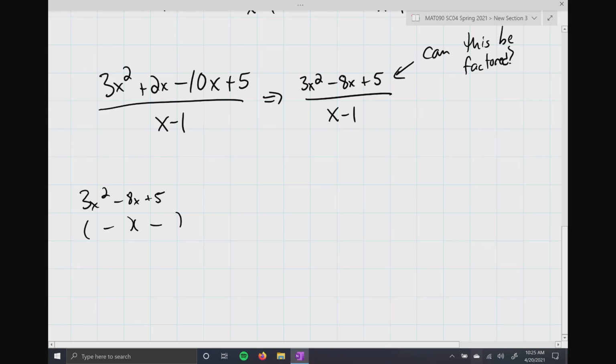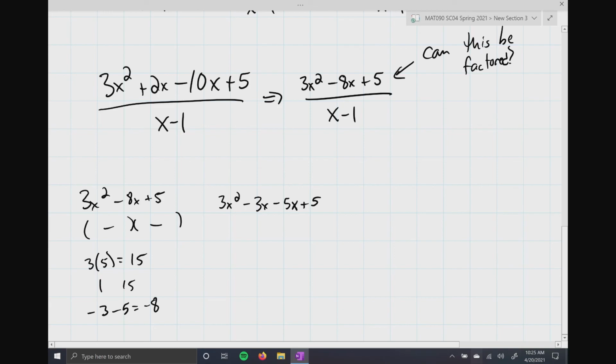It can definitely be factored. 3 times 5 is 15. 1 and 15. 3 and 5. And since they're both negative, they need to combine to give me negative 8, which is that middle term. So I just rewrite it as 3x squared minus 3x minus 5x plus 5.